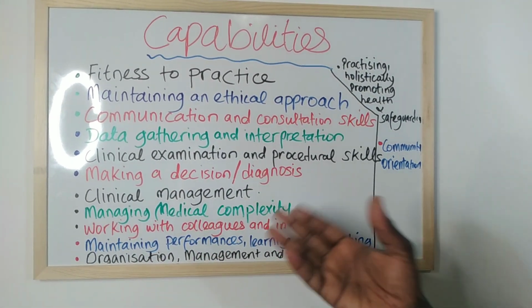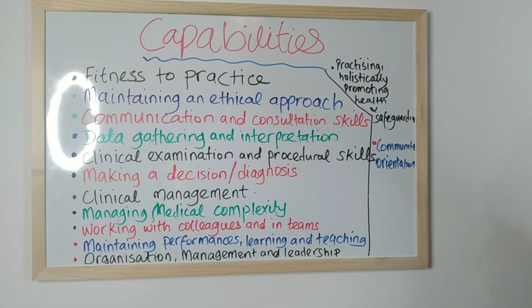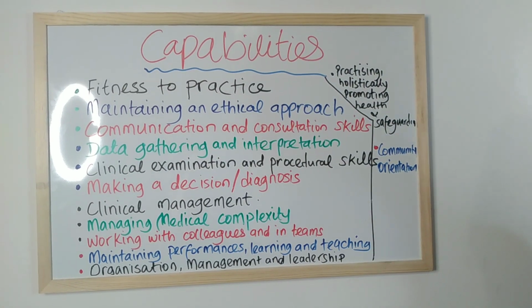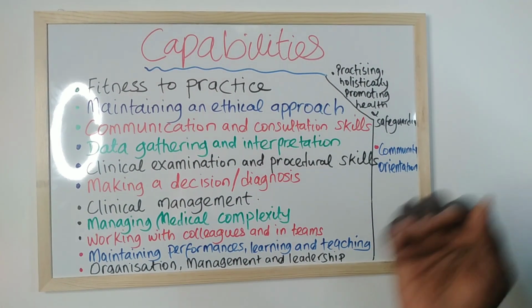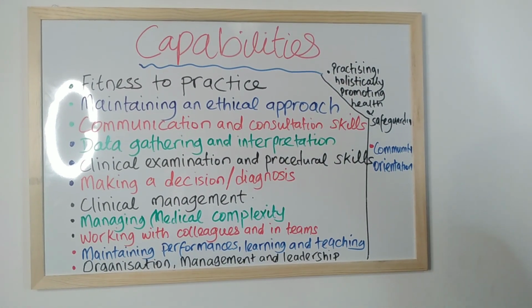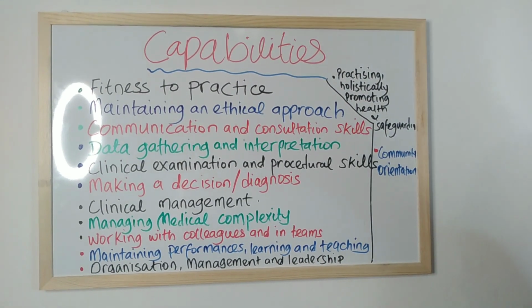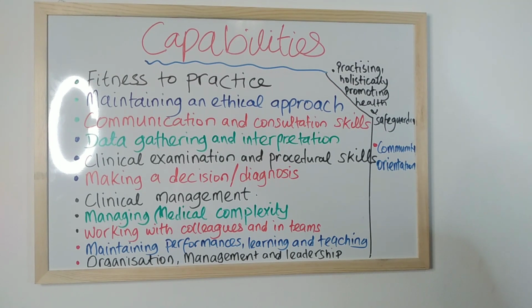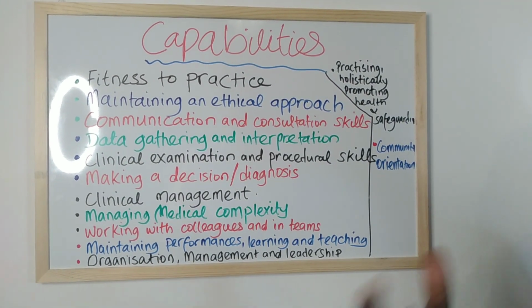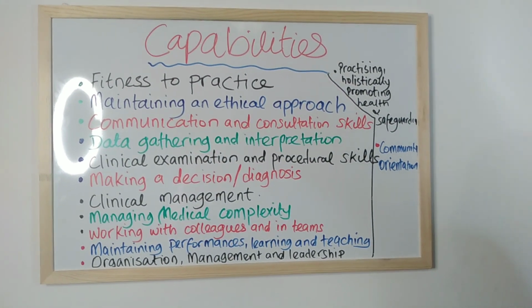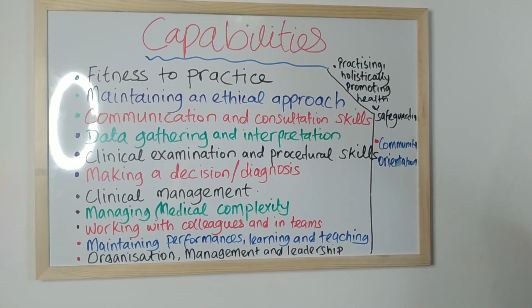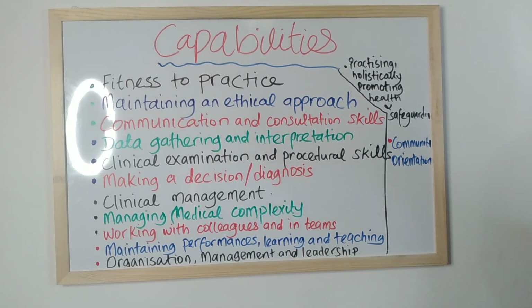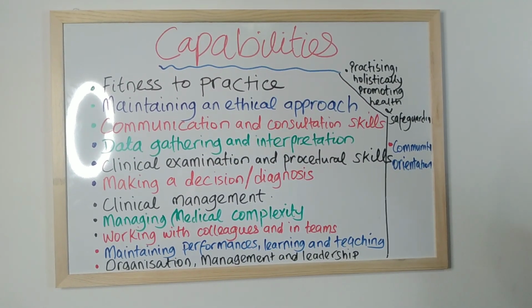Managing medical complexity. That is just things that are apart from the clinical aspect, something that has to do with other things pertaining to the patient. Maybe you were able to prescribe or signpost them to social prescribing, or you were able to understand and deal with all the complexity with your patient.